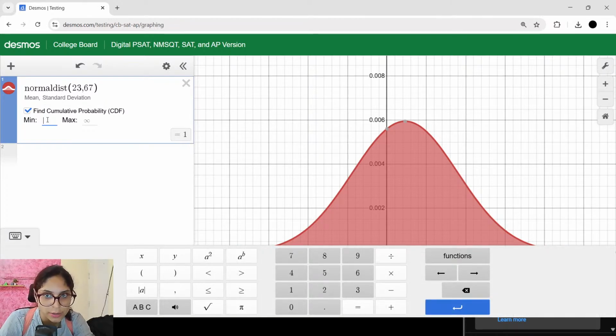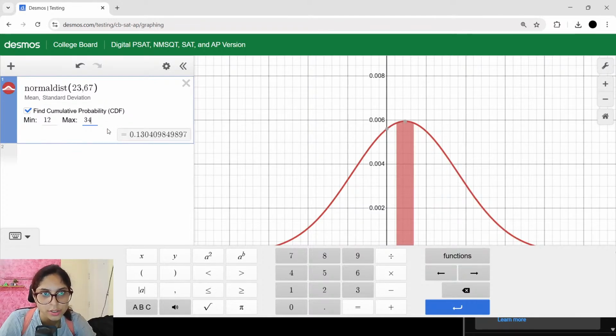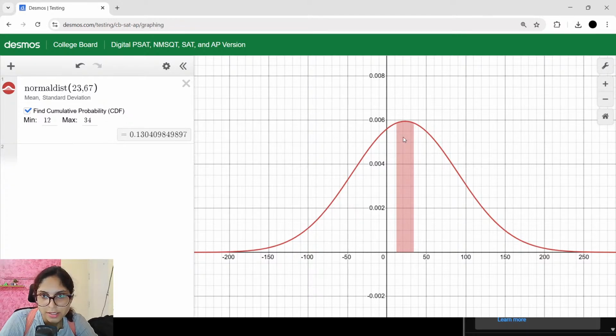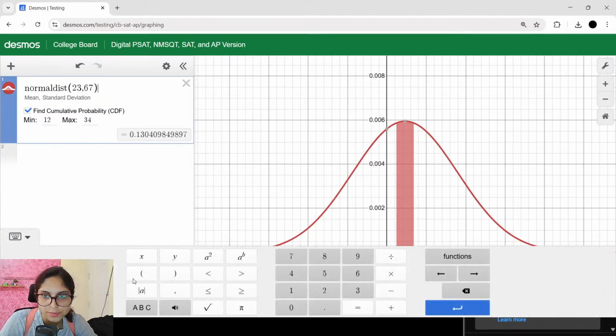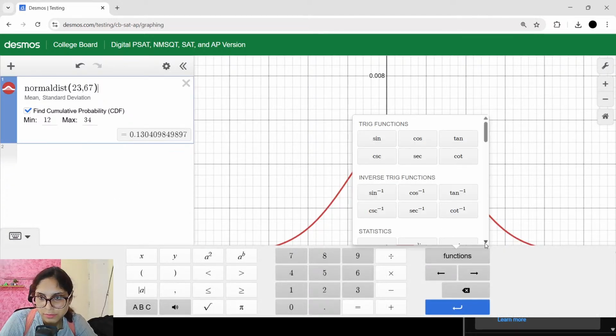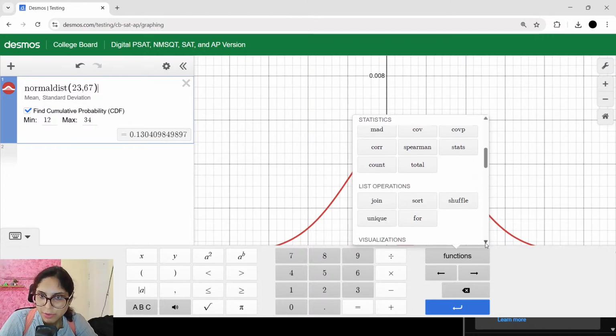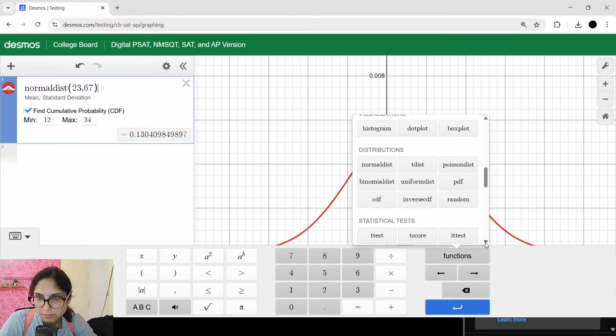You can give your minimum value, and let's say going from here to here. So it's also going to give you the CDF values. And this is the area that they're finding the probability for. All right. Similarly, you can do T distribution, Poisson distribution, binomial distribution, uniform distribution.